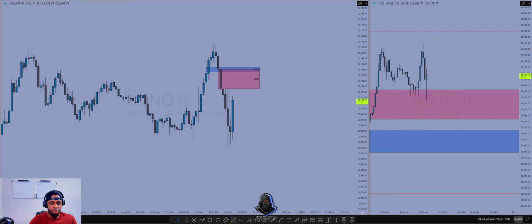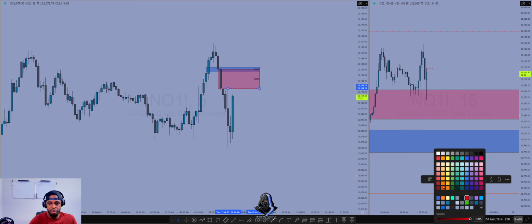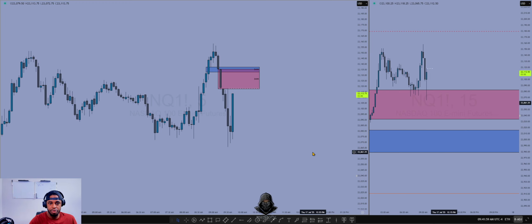So the high I was talking about is right here. It doesn't want to sweep this high. There's that sweep. So watching how this sweep happens. For me, I wouldn't get right in because it's already here once, but this is an opportunity.